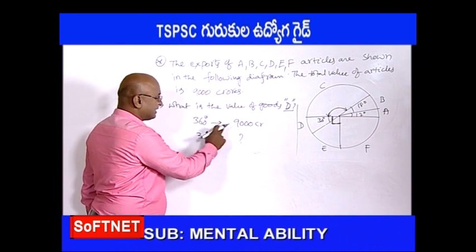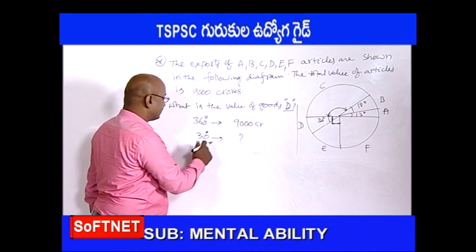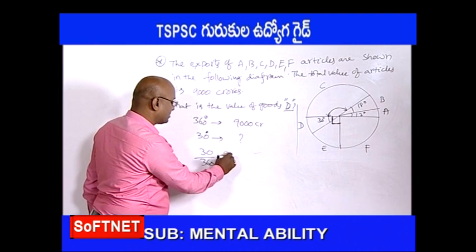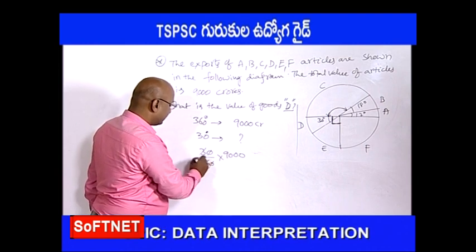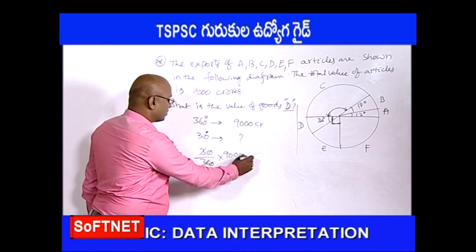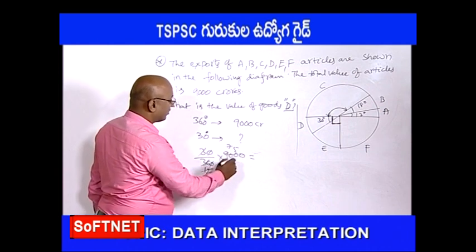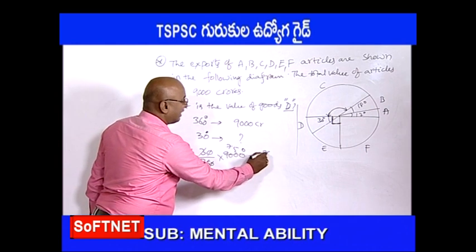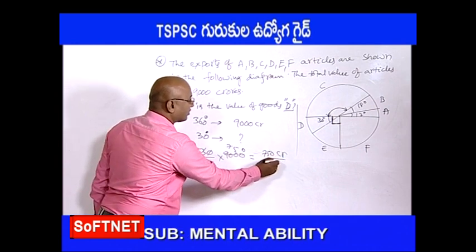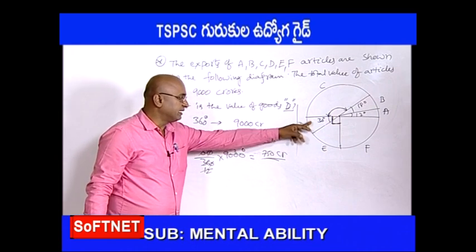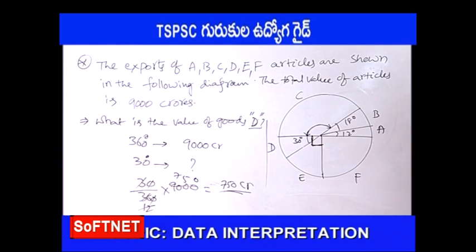So 30 by 360 into 9,000. 12 fives are 60, 12 sevens are 84. So the value is 750 crores. So the sector D, 30 degrees, its value is 750 crores.